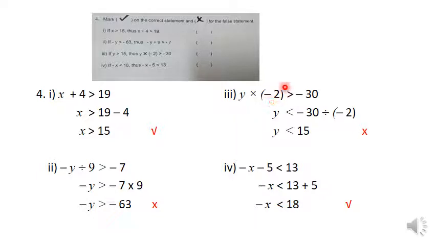You want to move to the right. Becomes divide negative 2. But if divide negative number, the symbol greater than change into less than, because multiply negative number, move here becomes divide negative number. If divide negative number or multiply negative number, this symbol you have to change.